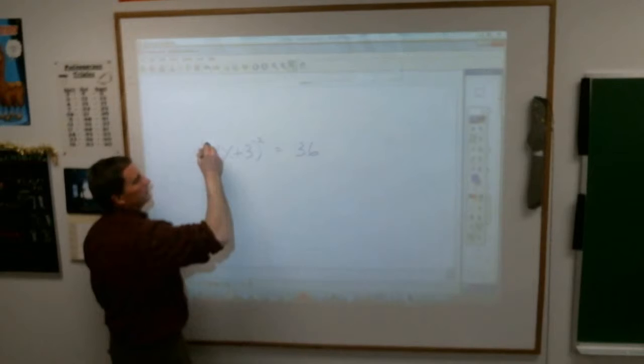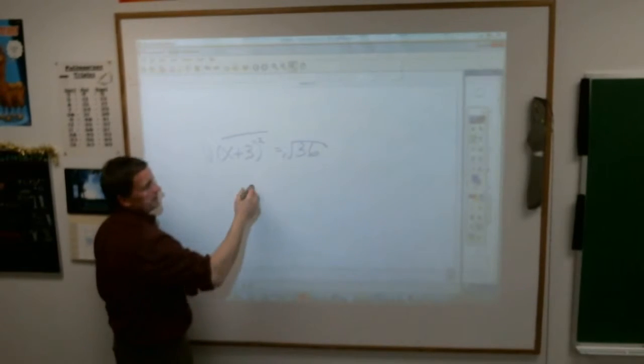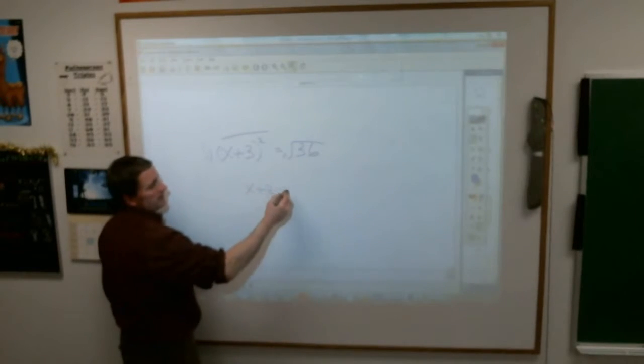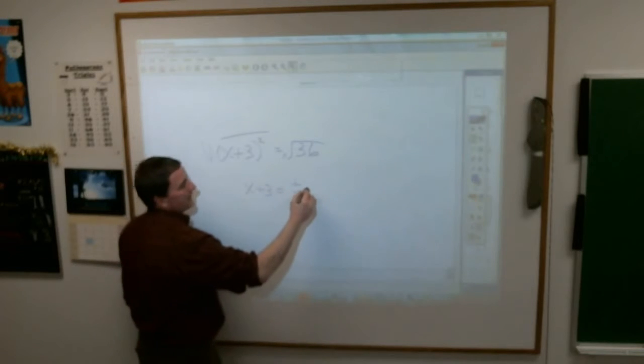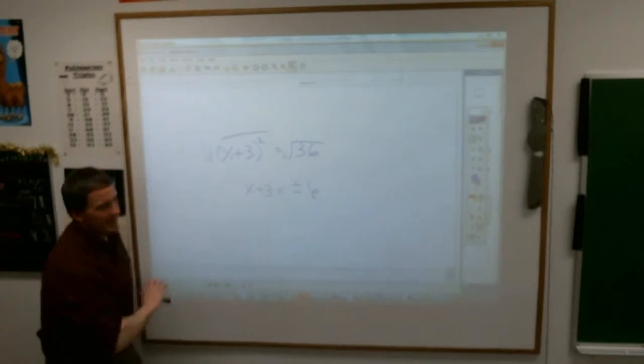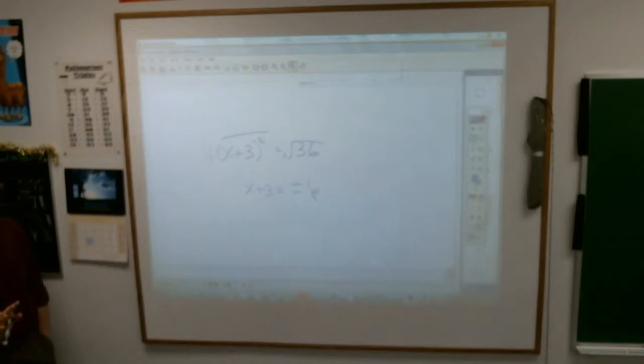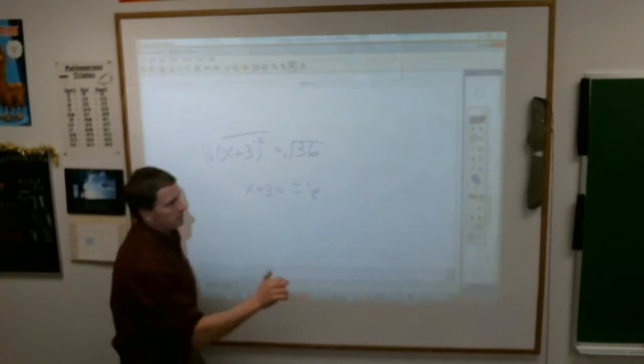When I take the square root of both sides, this gives me x plus 3. The other side gives me a plus or minus 6. I'm not done solving that yet because my x isn't by itself, but I'm going to get two answers.